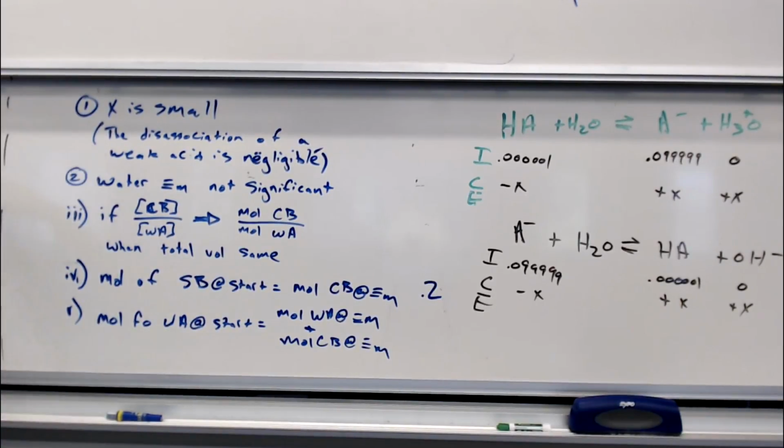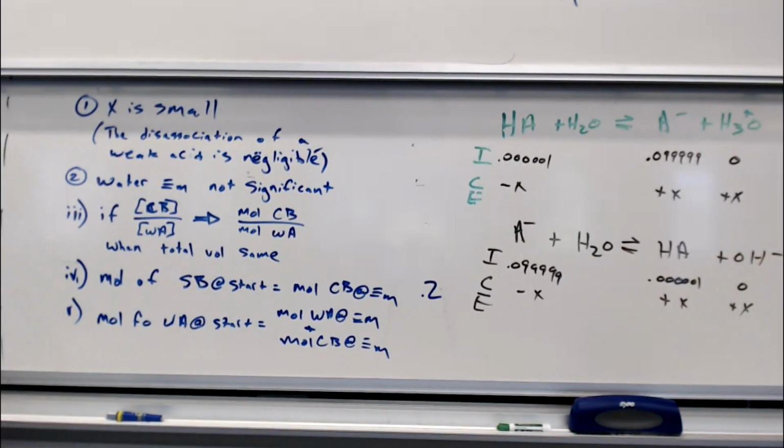The reason that you can just jump to conjugate base divided by weak acid is it should really be conjugate base minus the dissociation, or plus the dissociation, divided by weak acid plus the dissociation. There should be this kind of change to it. And the Henderson-Hasselbalch equation automatically assumes the X is small approximation is good and eliminates that part.